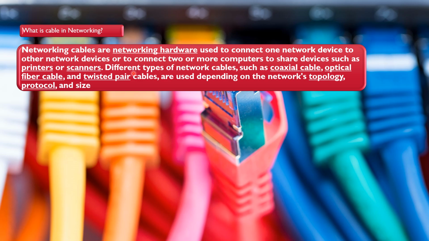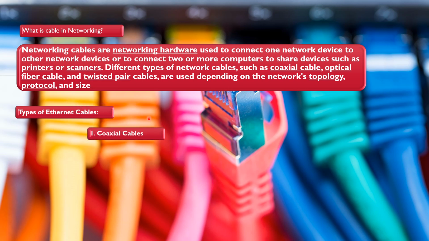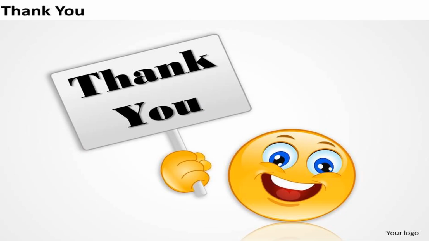The cable has multiple types, such as coaxial cable, optical fiber cable, and twisted pair cable, used depending on the network's topology, protocol, and size. We'll talk about the cables in future sessions. Types of Ethernet cables: coaxial cable, twisted pair cable, fiber optic cable.